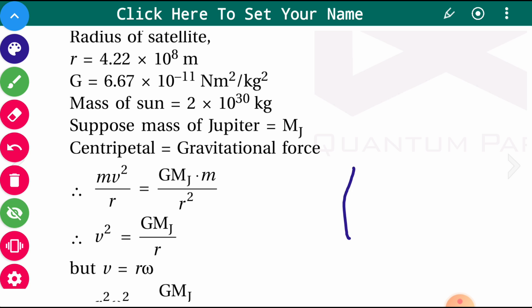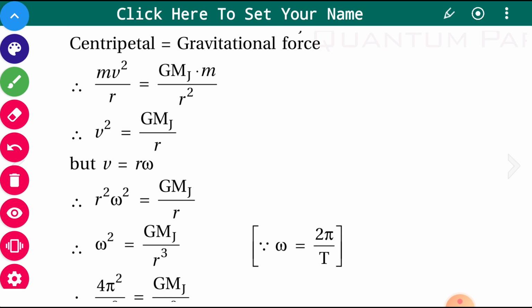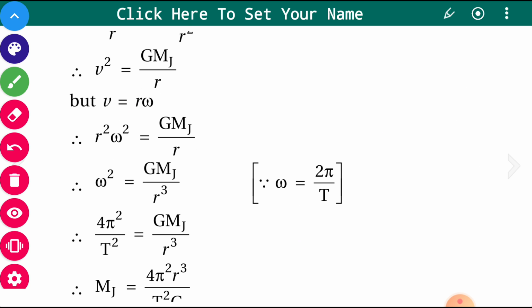So we will have v square equal to G mj upon r. v is equal to r omega, this we have done earlier. So r square omega square is equal to G mj upon r, and make omega square the subject of the formula. This r square will come in the denominator, so it becomes G mj upon r cube.